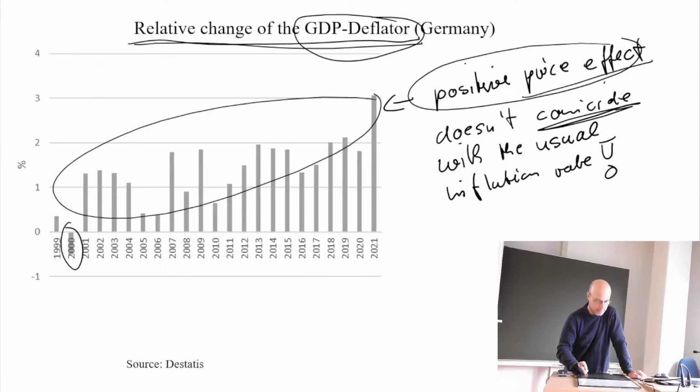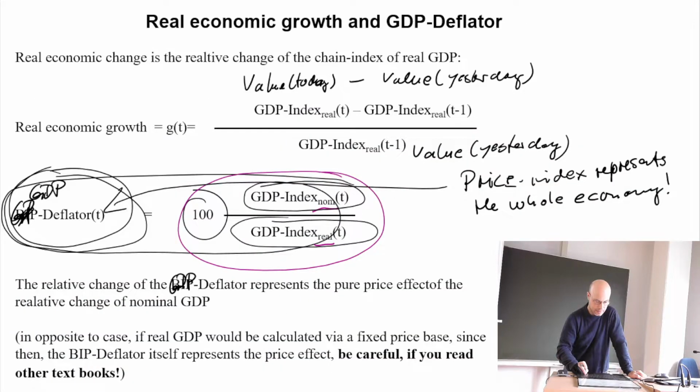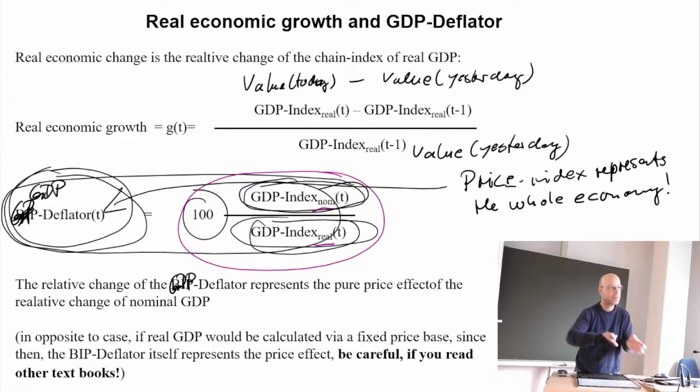Oops, where did we have it? Here, especially when we look at nominal GDP and real GDP, there we have prices times quantity. And these prices, they are not set, but we just look at the price development.